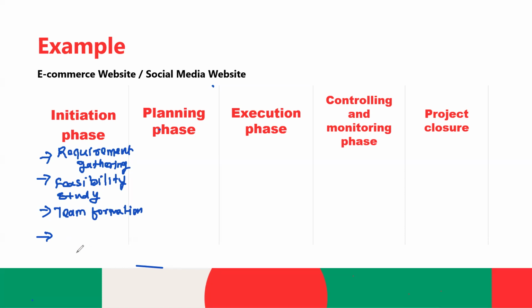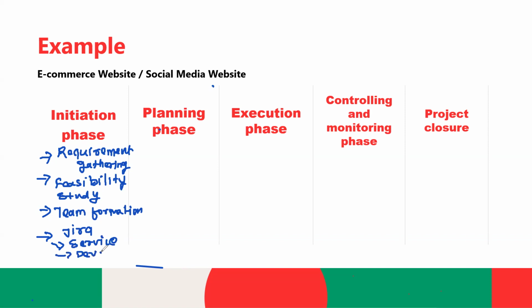Can anyone tell me some project management tools available in the market and very famous nowadays? Jira ticketing tool, yes, Jira is there. Any other? ServiceNow. Azure DevOps. Yes, DevOps is also there.